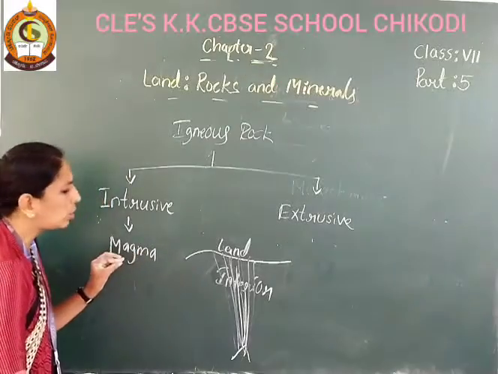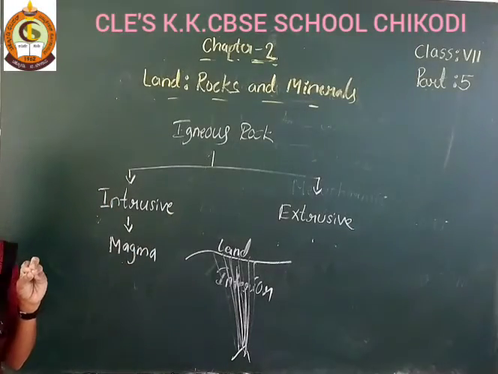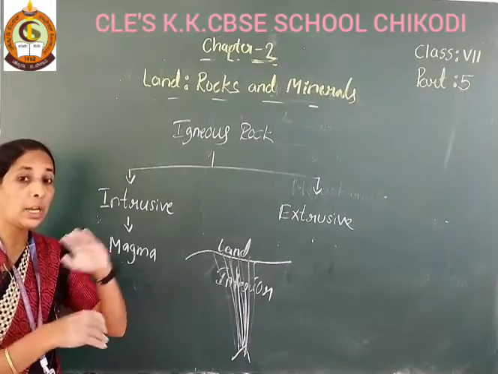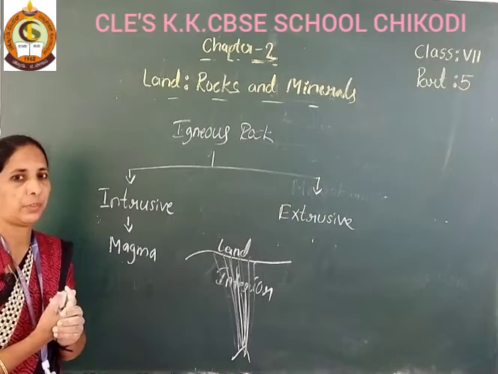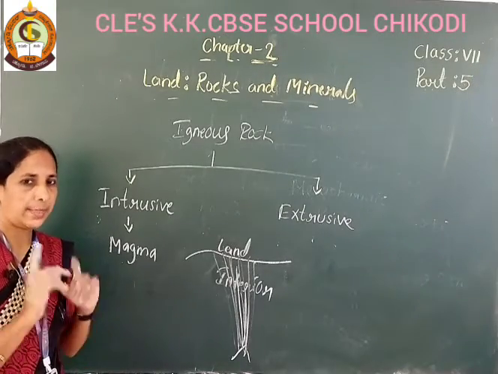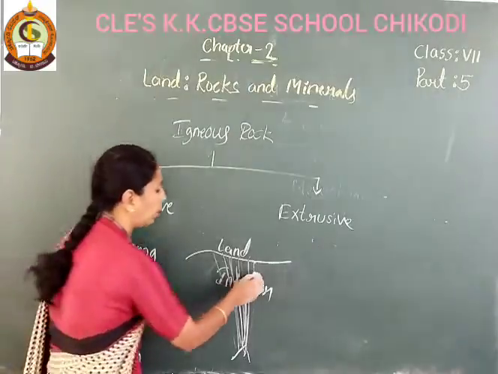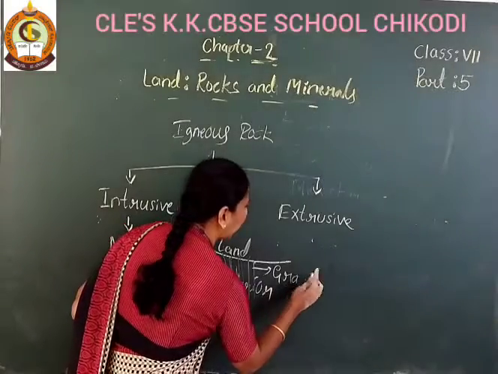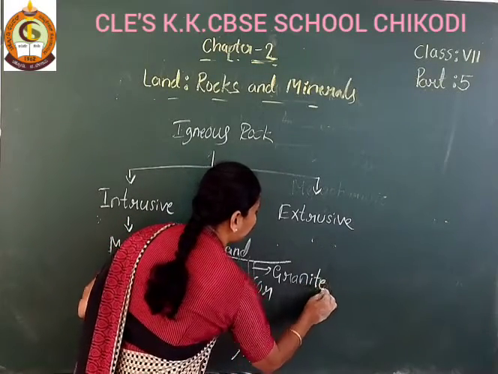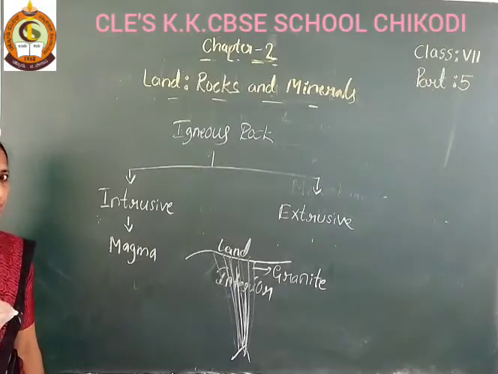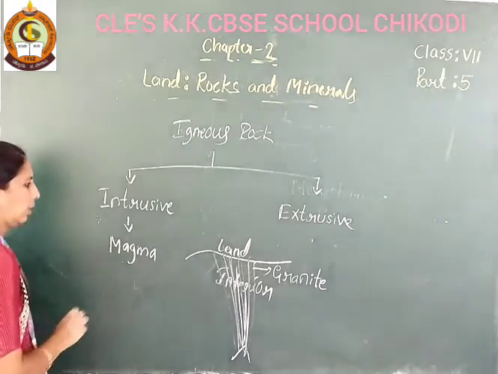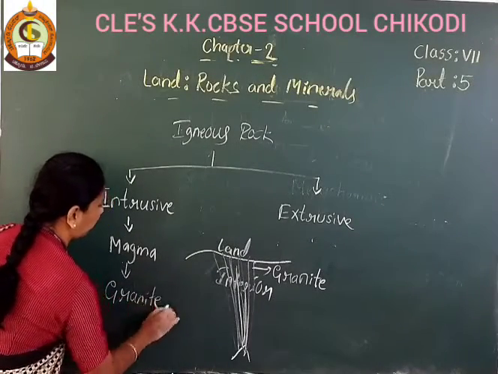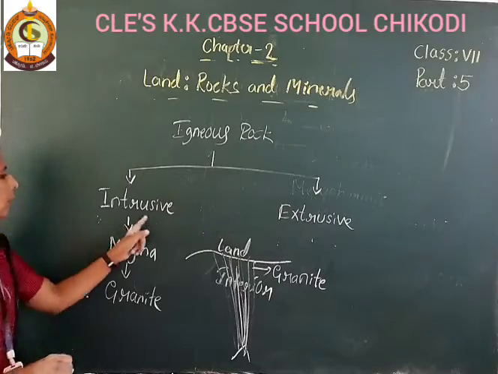Afterwards it cools. The magma slowly cools down in the interior part. Then rocks are made that we call granite. Understood? Granite is an example of intrusive rock.